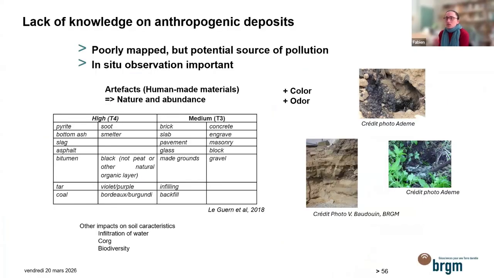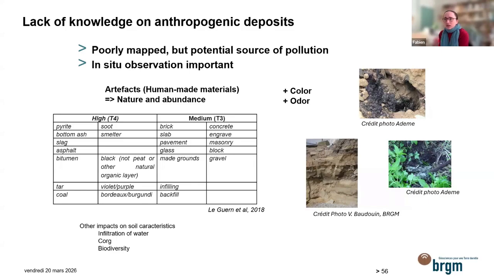One of the gaps that we have to build these pollution pressure maps is the lack of knowledge on anthropogenic deposits. They are actually poorly mapped, but a real potential source of pollution. And in this frame, in situ observations and borehole descriptions are very important.